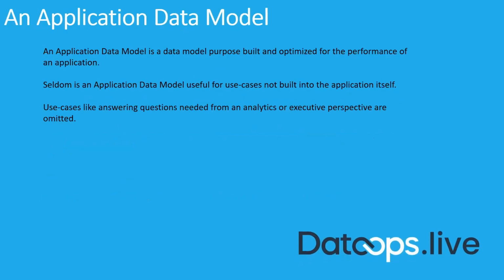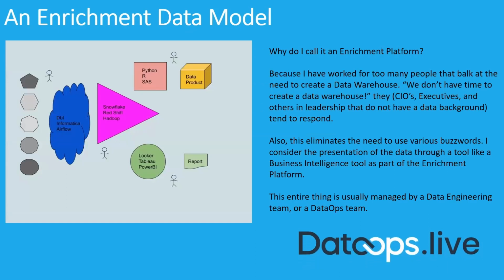Application data model, just as I mentioned, is purpose driven for the performance of an individual application. An enrichment data model is much more generic. It has a lot more things going into it. The sources for an enrichment data model are going to be coming from both within the organization and external to the organization: third-party data feeds, enrichment data, weather data, what have you.